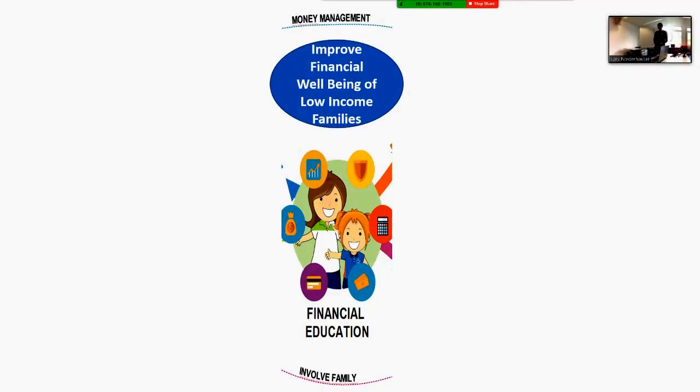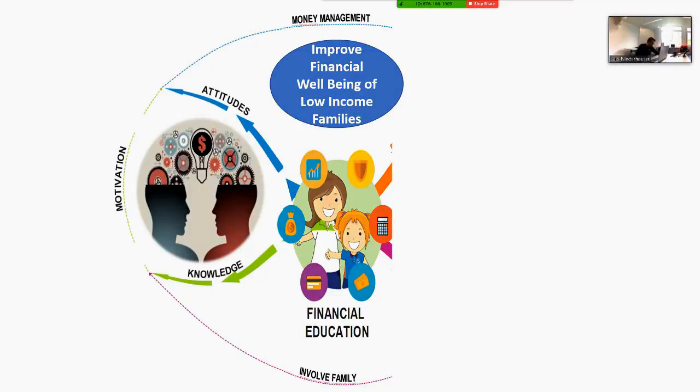What is financial education about? It's about improving the financial well-being of low-income families. This is the final end of financial education. That means involving money management decisions and family decisions. Financial education delivers knowledge that is oriented to change attitude and motivation to manage money in a different way.